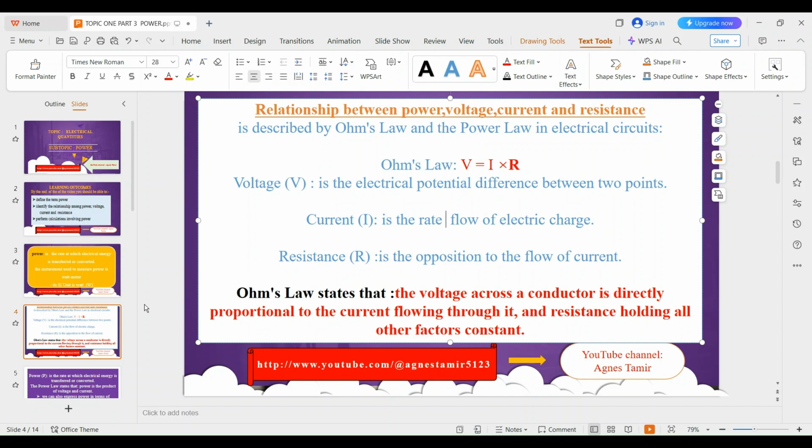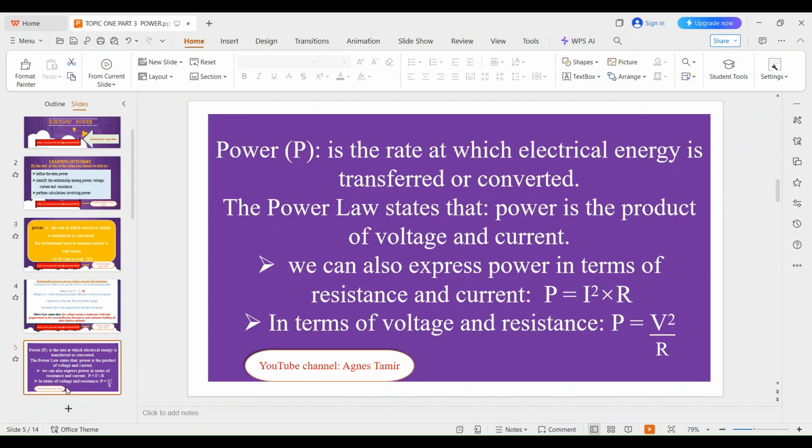Now let's look at the power law. The power law states that power is a product of voltage and current, whereby we had defined power as the rate at which electrical energy is transferred or converted, or the rate at which electrical energy is delivered or consumed.